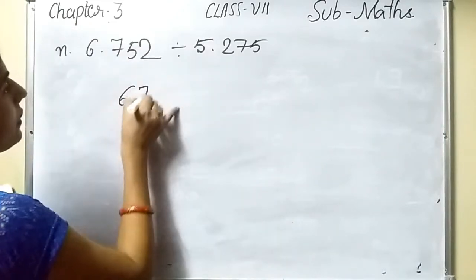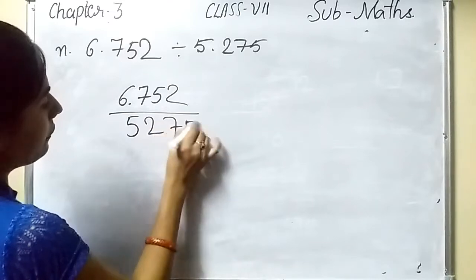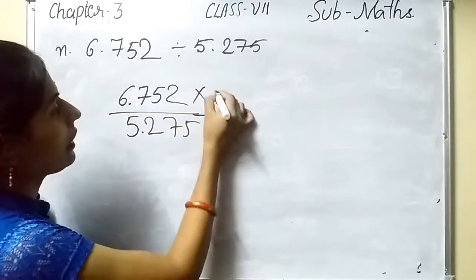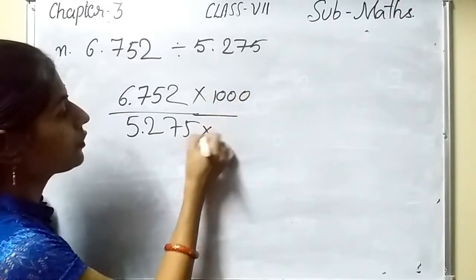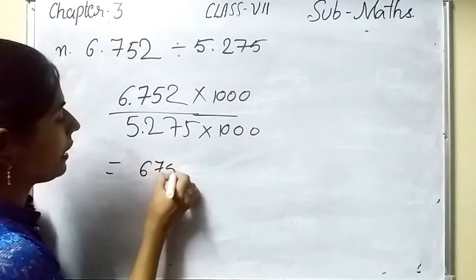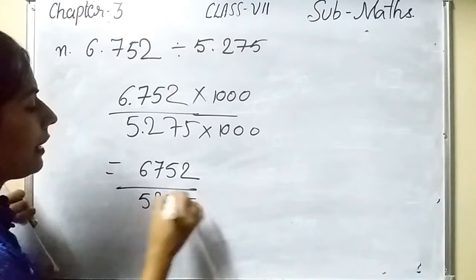Now see how to solve it: 6.752 divided by 5.275. Here you have to remove the point, so multiply by 1000, and here also 1000. So you will get 6752 divided by 5275.